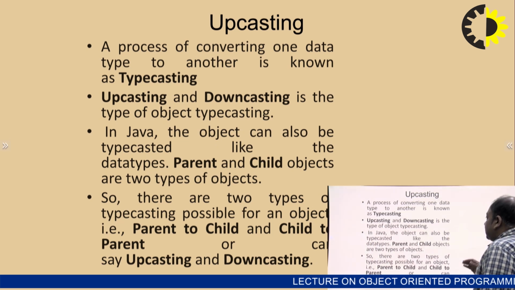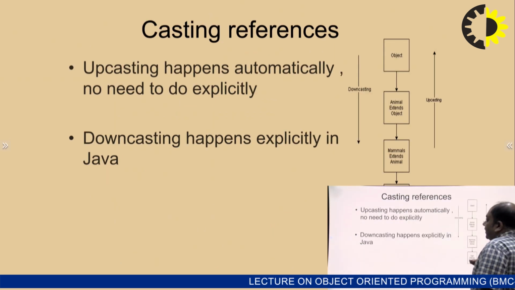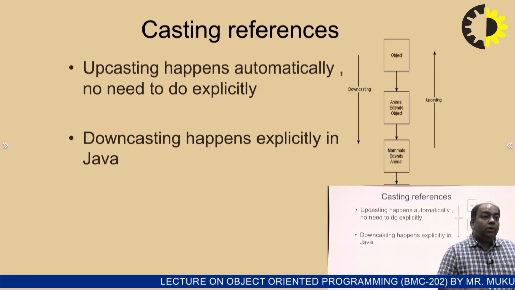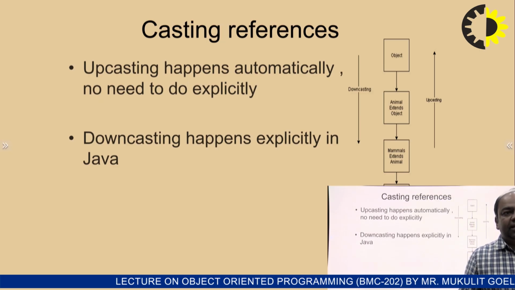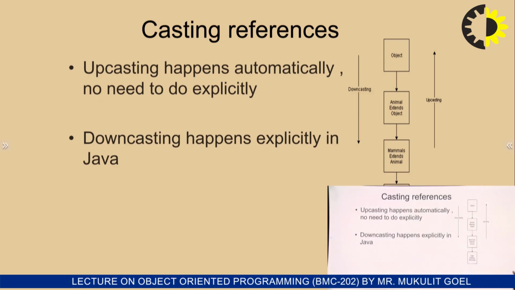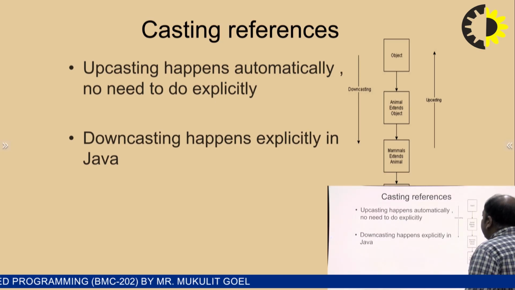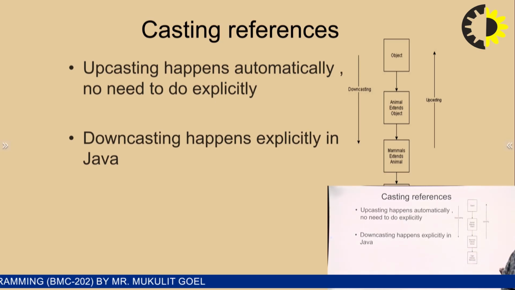And upcasting happens automatically, we don't need to do that. But when we do downcasting, we need to do it explicitly. Like you see in a figure, we have created an object, Animal extends Object, Mammal extends Animal, and Tiger extends Mammal. So this upcasting is done automatically, but downcasting we have to do ourselves.